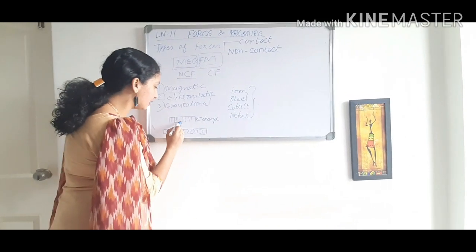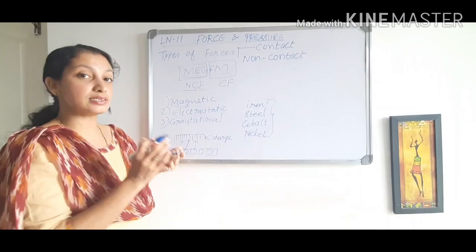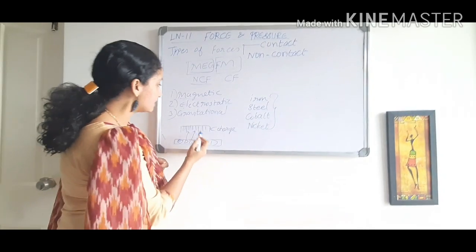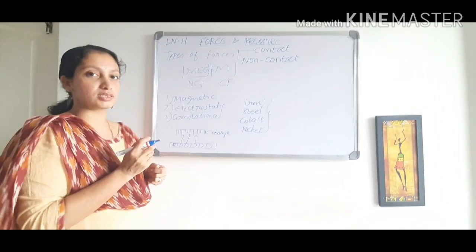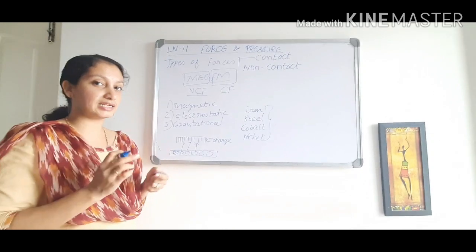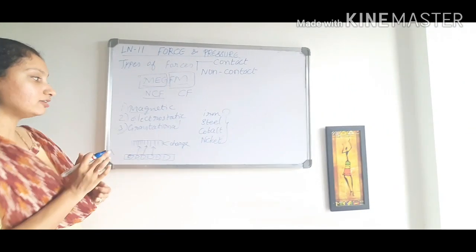These papers are attracted towards the comb because it is electrically charged by the interaction. That is called electrostatic force. It is acquired because of the interaction that happened before, right? So it is called electrostatic force.